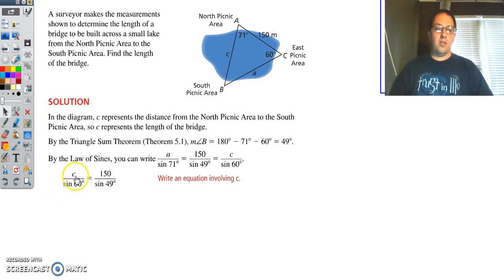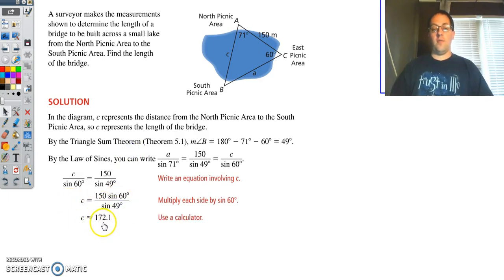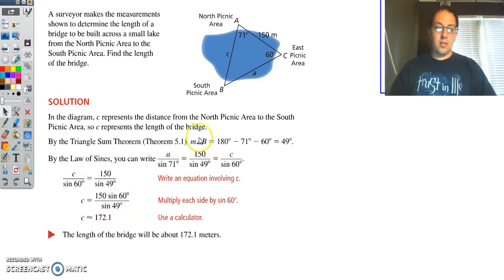So C over sine C equals B over sine of B, right there. And cross multiply and divide, and we end up with C is approximately 72.1 meters. And so now we know how long to make our bridge. All right, so we can use this for indirect measurement, which is pretty nice.